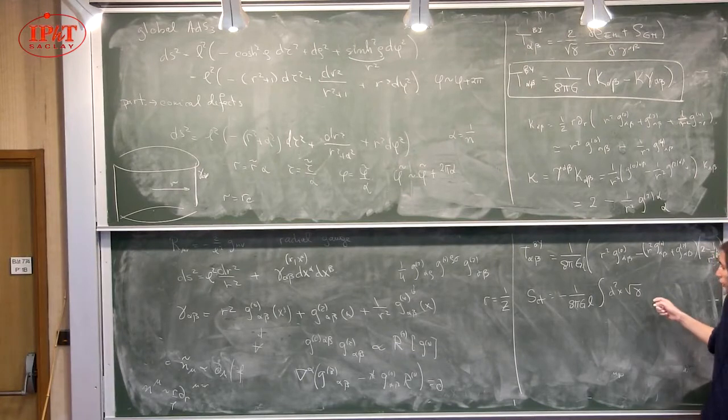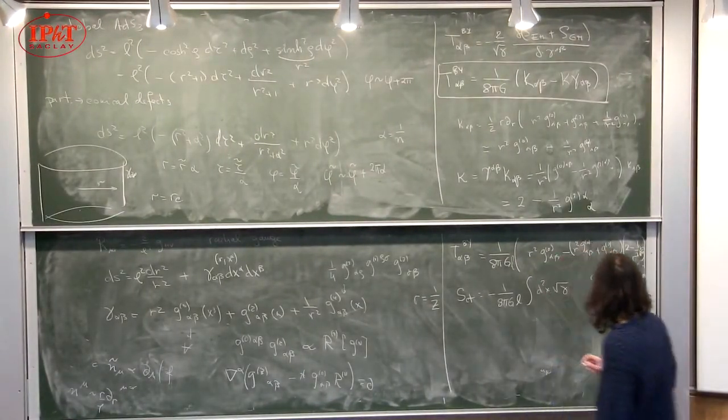Good. So now when I add this counter term, it's not going to affect the variational principle, but it is going to contribute to the stress tensor, because delta square root of gamma is minus a half gamma alpha beta delta gamma alpha beta times square root of gamma.